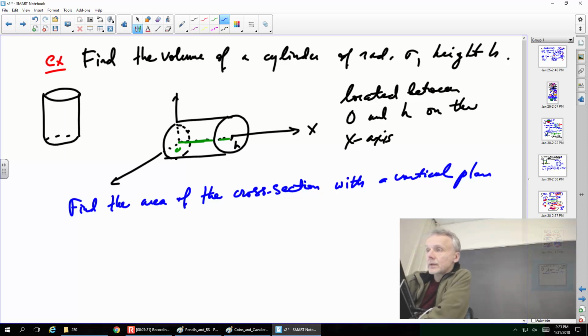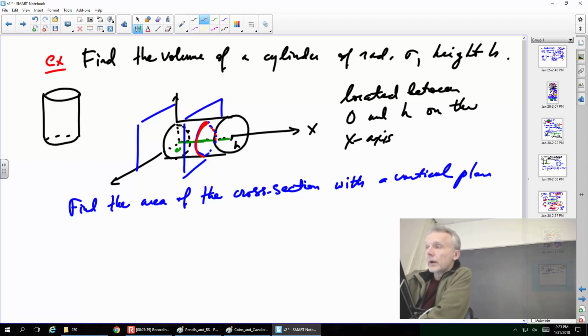In other words, the plane I'm talking about is like this. It would be one plane, and then the next one maybe here. That will be my cross section right there. This is the cross section that I care about.